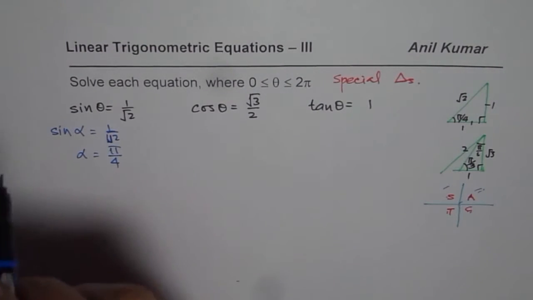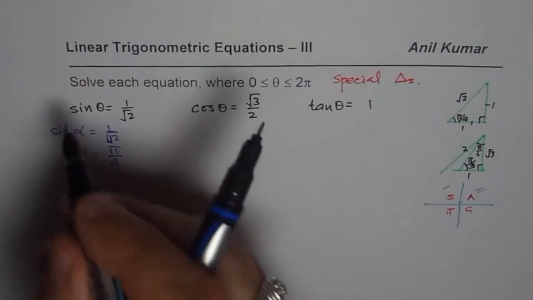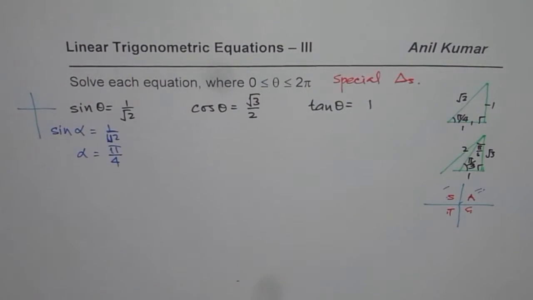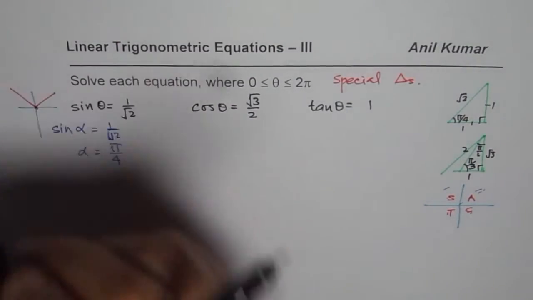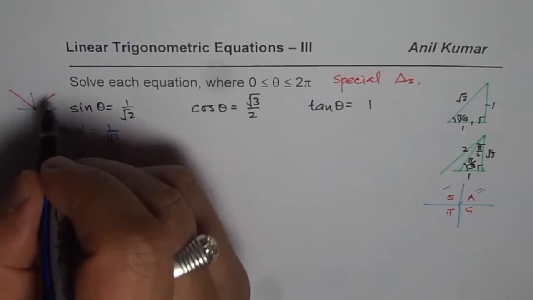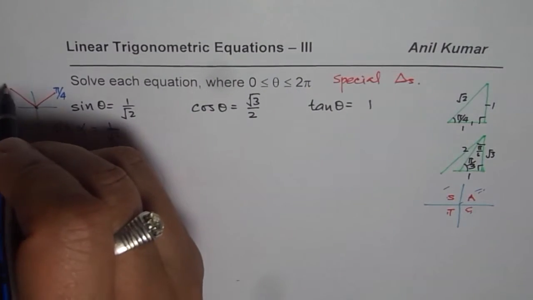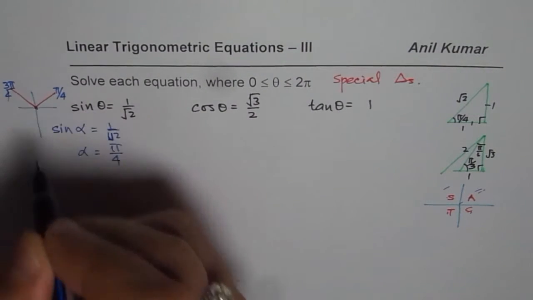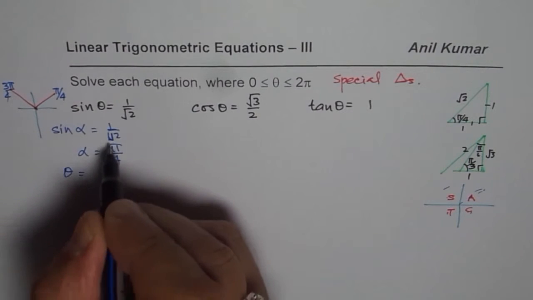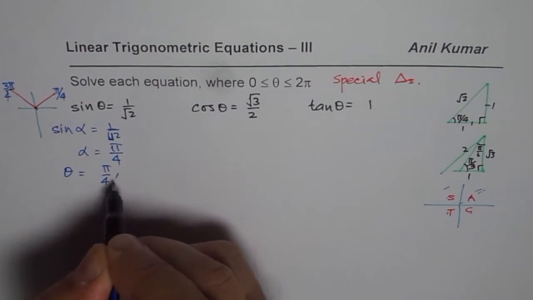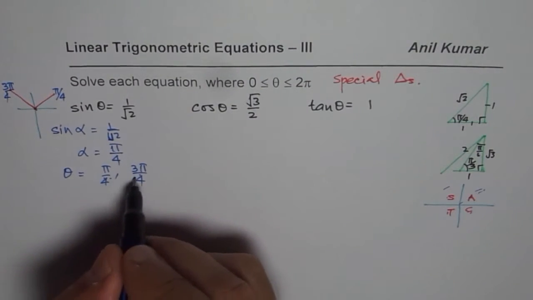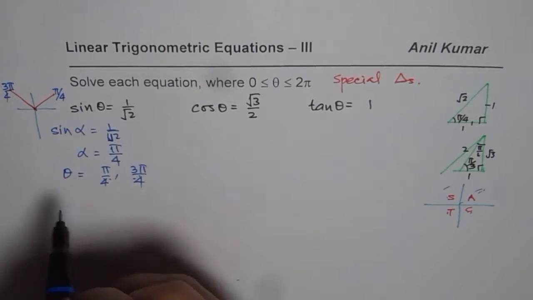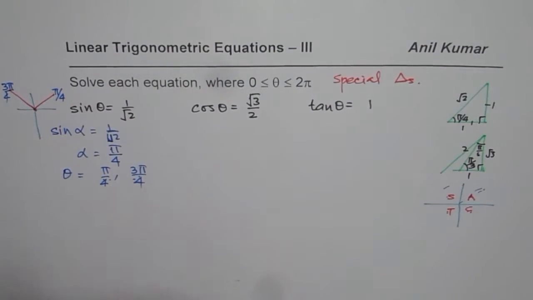Now for this particular trigonometric equation, we are looking for two solutions where the acute angle is pi by 4, and since it is positive, we have two solutions, pi by 4 and 3 pi by 4. Got the idea, right? So we said theta, the principal angle, is pi by 4 and 3 pi by 4. For both of these, sine theta is 1 over square root 2. In this domain, therefore, we have two solutions.